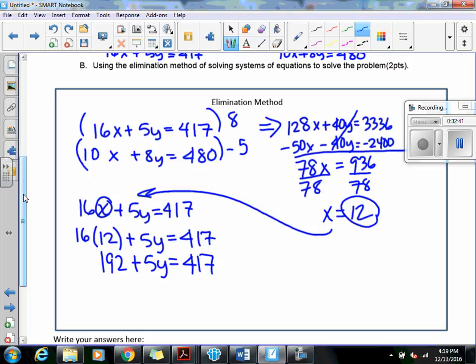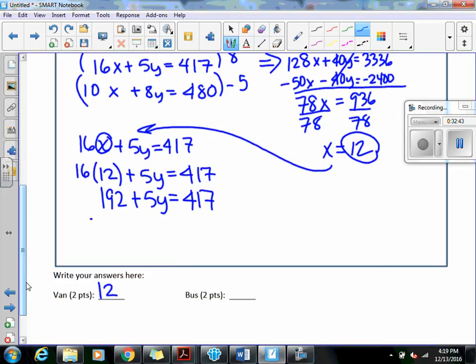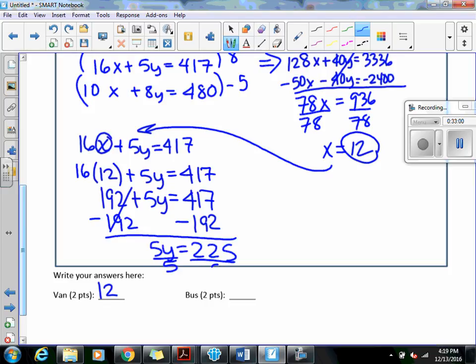I want to subtract 192 from both sides. So 417 minus 192 is 225, yay, divided by 5.